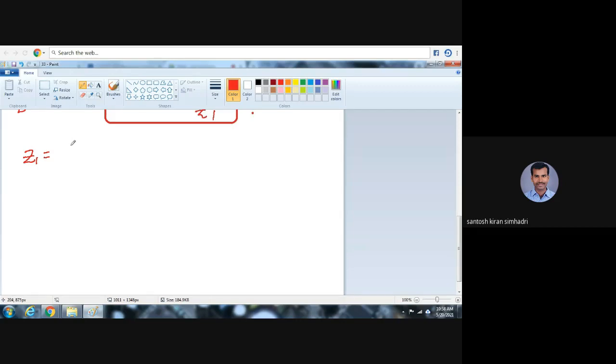One is resistor R1, in parallel with capacitance C1. Now, what about Z2? Z2 is as it is, that is called R2. Then Z3 is as it is, R3.